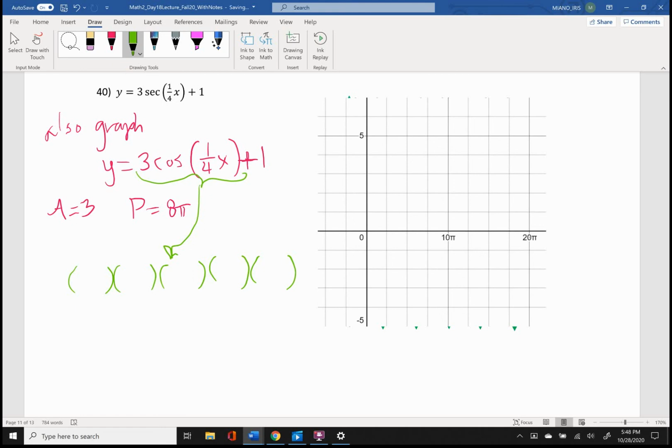Okay, so we're going to have an output of 3 to begin with, because we have this multiplier of 3, and then we're going to end with an output of 3. And then we're going to go down to -3, because that's what cosine does.